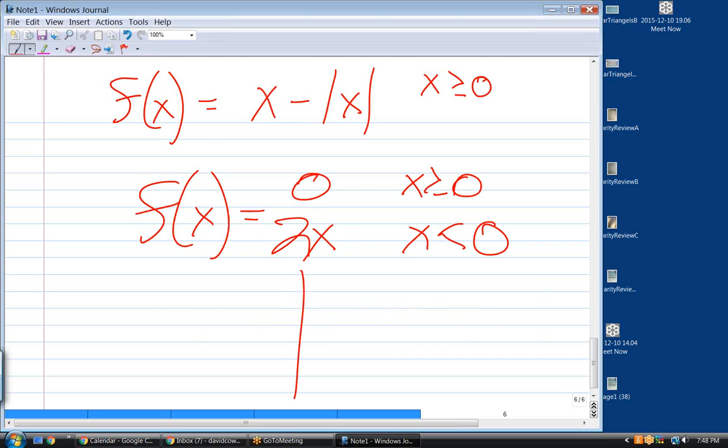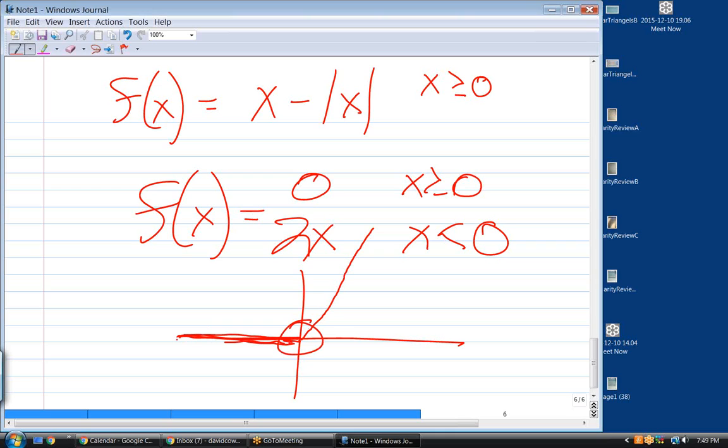Well, that's pretty easy. It's 0 up until the 0 point, and then it's 2x, which is just a straight line that has a slope of 2. So your graph is like that.